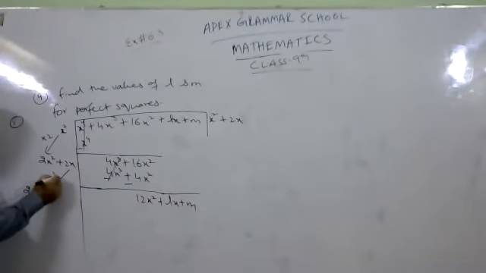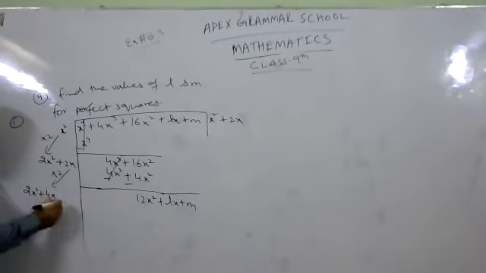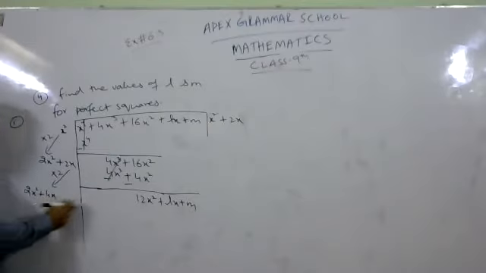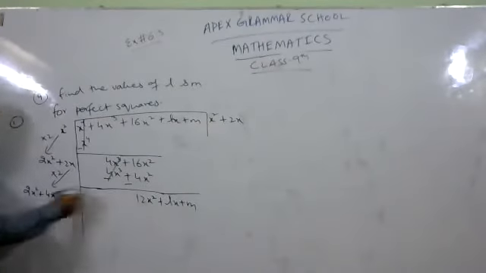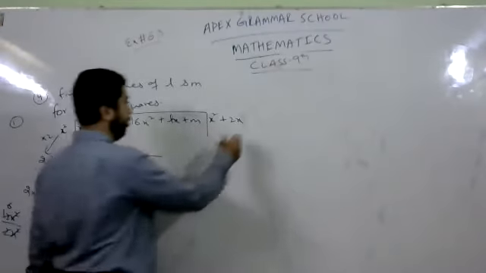And for this 2x, we need to multiply with 2, that is 4x. And for this, we need to divide again. 12x squared will be on the numerator, and 2x squared on the denominator. x squared will cancel, 2 6s are 12, plus 6. Plus 6 will be here, and plus 6 will also be here.